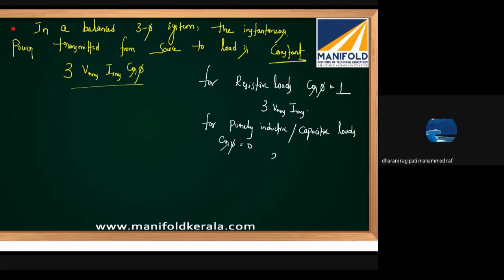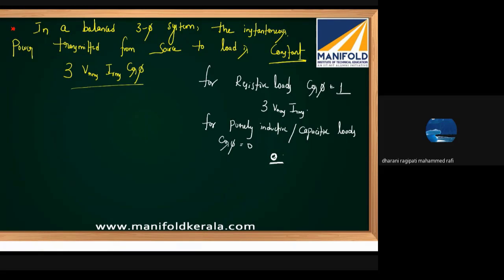Then the instantaneous power transmitted from source to load is 0. 0 is the instantaneous power supplied to purely inductive and capacitive loads which are connected to a three-phase balanced source. This is also one question. For RL and RC loads, this value is same. But only thing is for RL loads the power factor is lag and for RC loads it is lead.